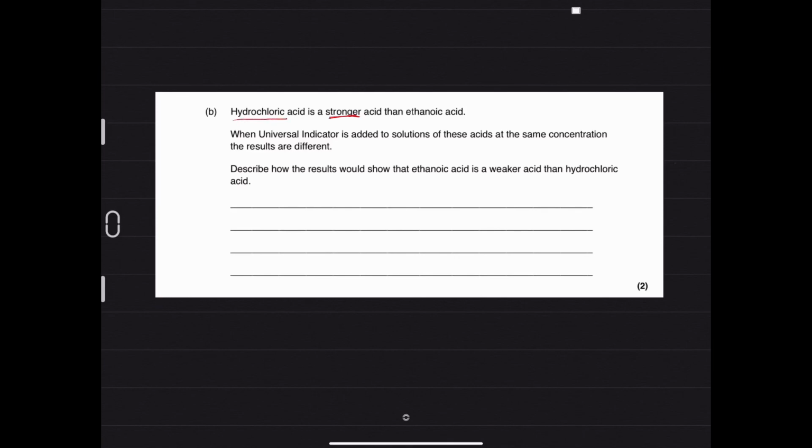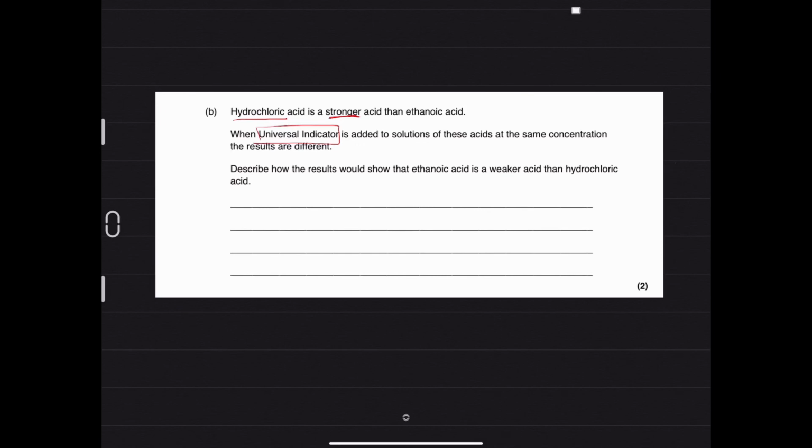We are using universal indicator. And the question is asking us how the results show ethanoic acid is weaker than hydrochloric acid. We're looking at a color change because the indicator is going to give us various colors corresponding to the strength of the acid or alkali solution.